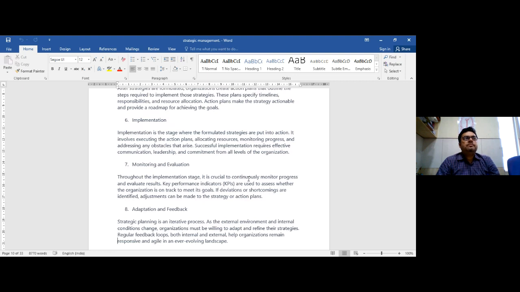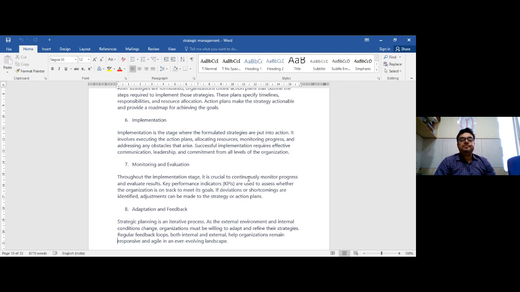And here we have the KPIs, the key performance indicators, which may be used to assess whether the organization is on track and is ultimately able to meet its goals.